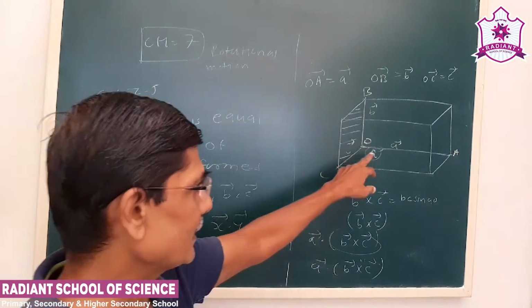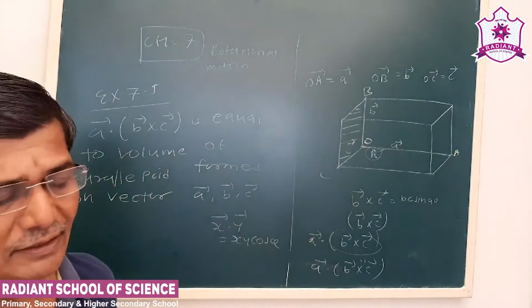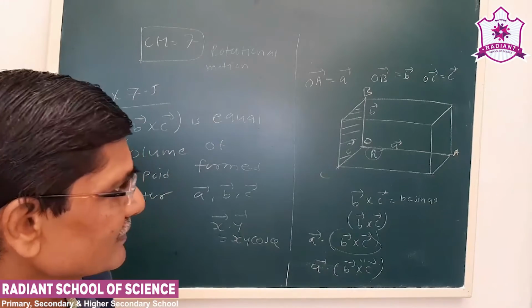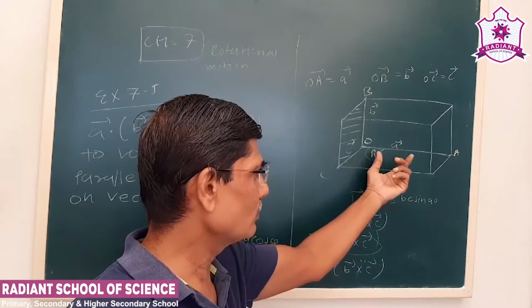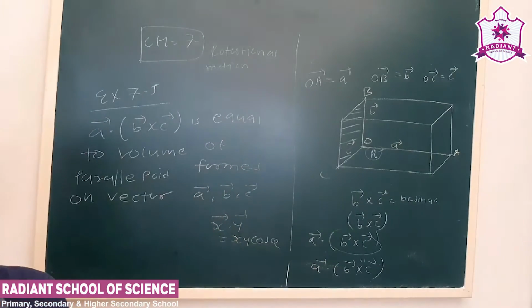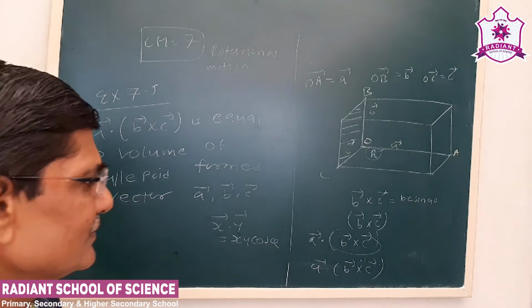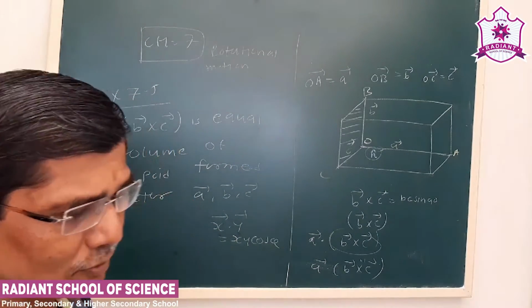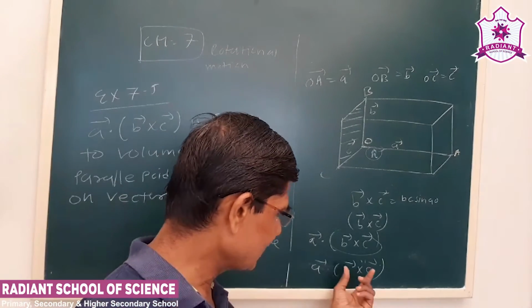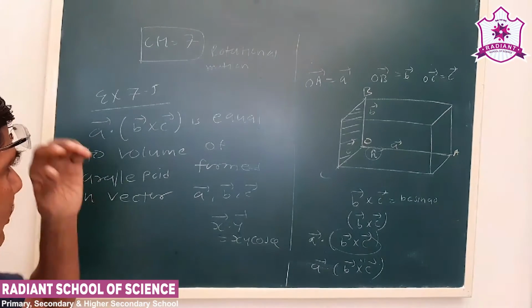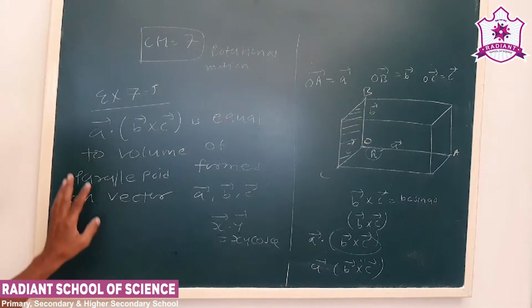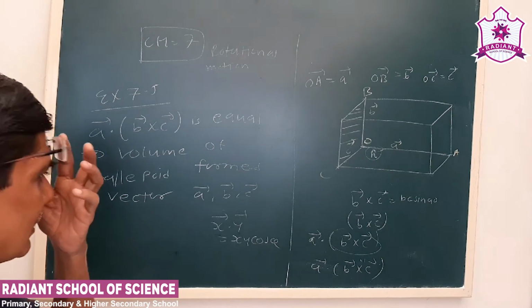Now the n caret we have taken is the unit vector of the resultant vector. Now we take the scalar product of A and the resultant of B cross C. We know area into height is volume. So when we take the dot product of vector A and the resultant of B cross C, that will give us the volume of the parallelepiped formed by the given vectors. So that is nothing but example number 7.5.